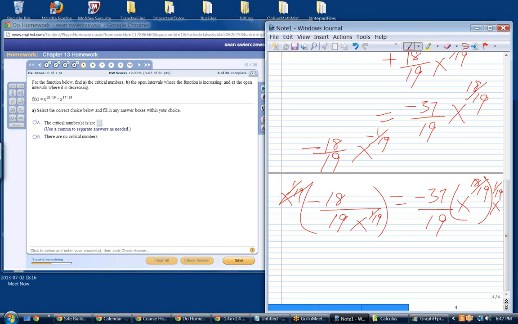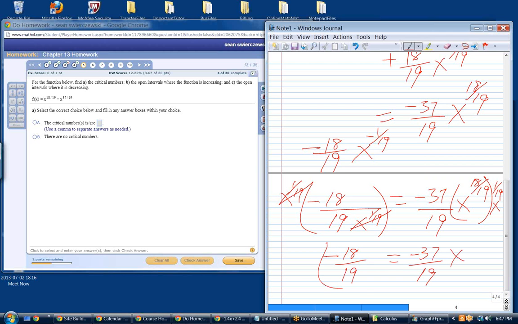Everything crosses over here. This becomes x to the 1. So I end up with minus 18 over 19 equals minus 37 over 19x.